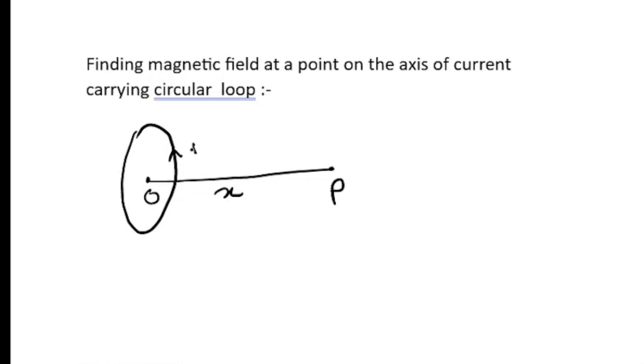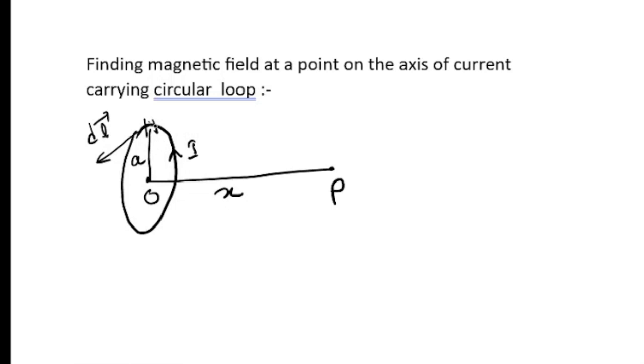Suppose current I is going through this loop. Suppose dl is a small current element which is cut from the upper portion of this loop. It is dl vector. Suppose the radius of this circular loop is a.